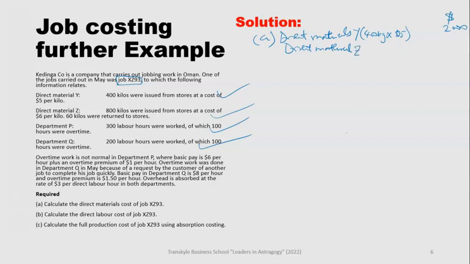So for Z now, we are told that 800 kilos were issued, but 60 were returned. Okay, 60 kgs were returned, and each kg is how much? Is $6. Okay, that's $6.